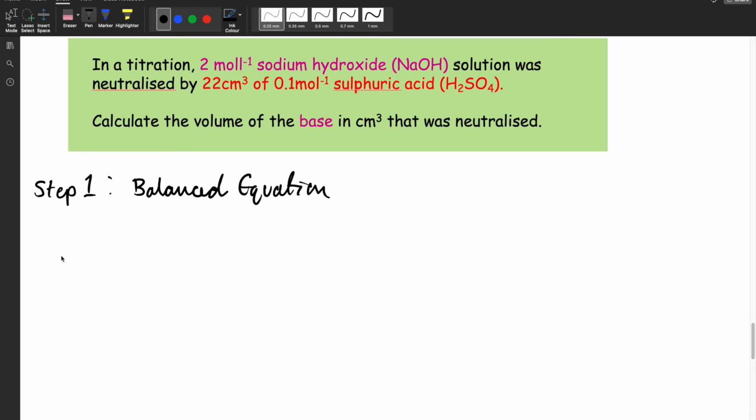And we're very lucky, they've given us our equation, our formulas for our sodium hydroxide and sulfuric acid yet again. So NaOH plus H2SO4 gives us our salt and water, just like before.